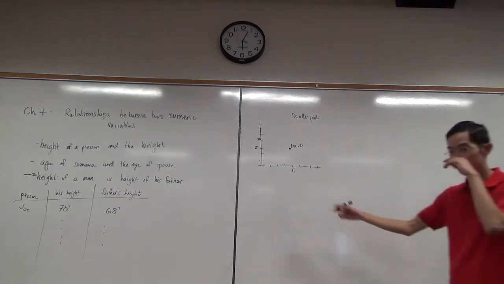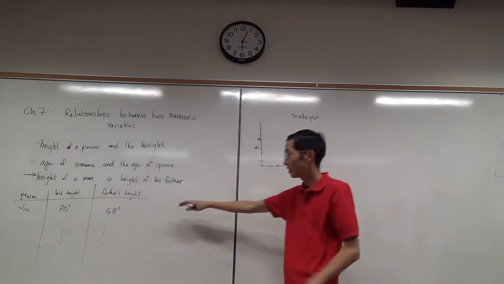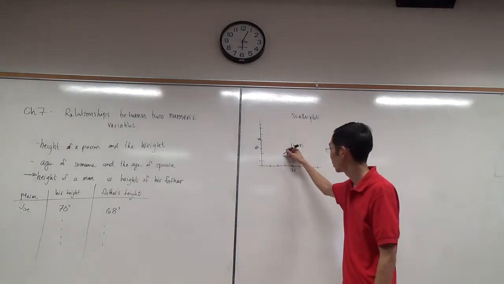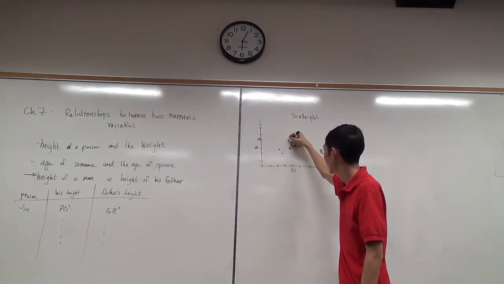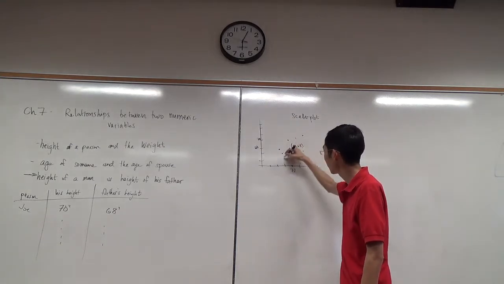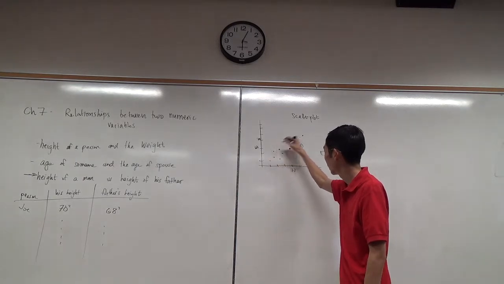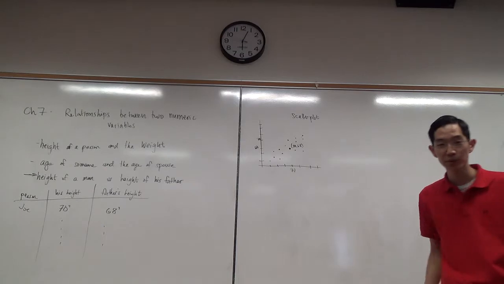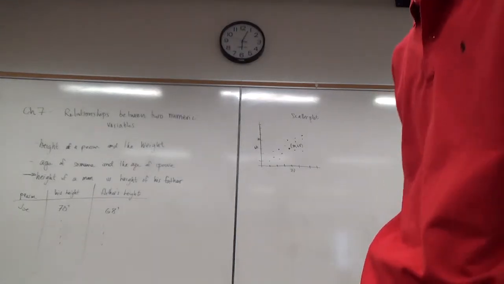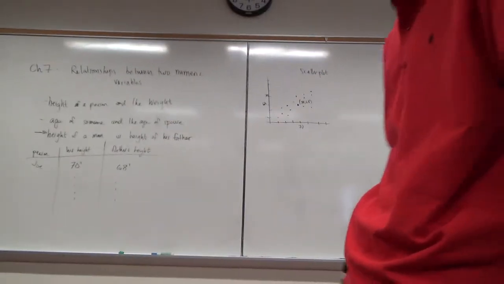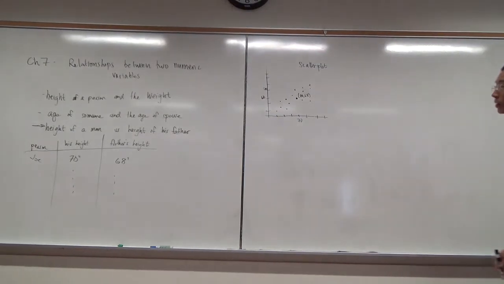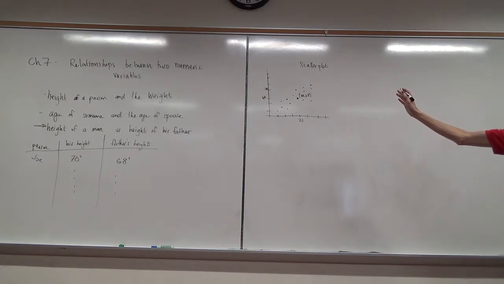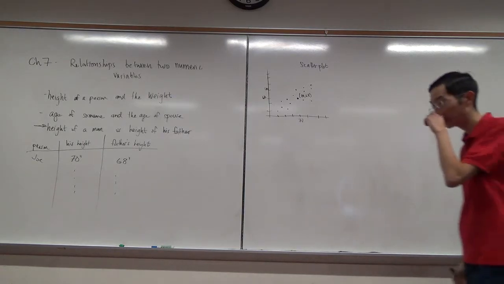And for every data point, or every case in our table, we would add dots indicating that data point. So we're just plotting coordinate pairs. Does that make sense? Okay.